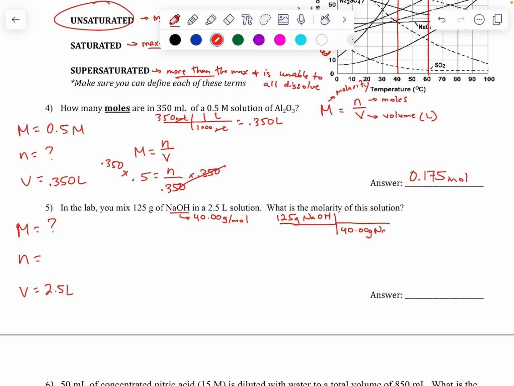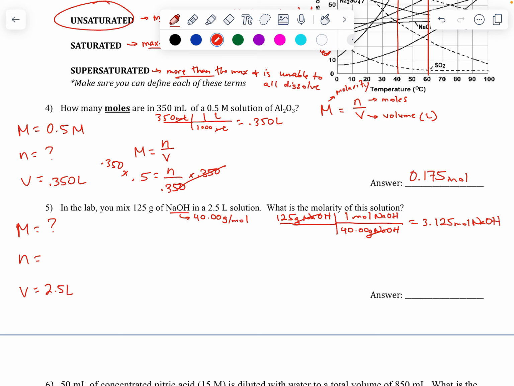So, a quick unit conversion here. I think dimensional analysis is always stoich, but it's not necessarily. Grams go away, and we end up with, I believe, 3.125 moles of sodium hydroxide.